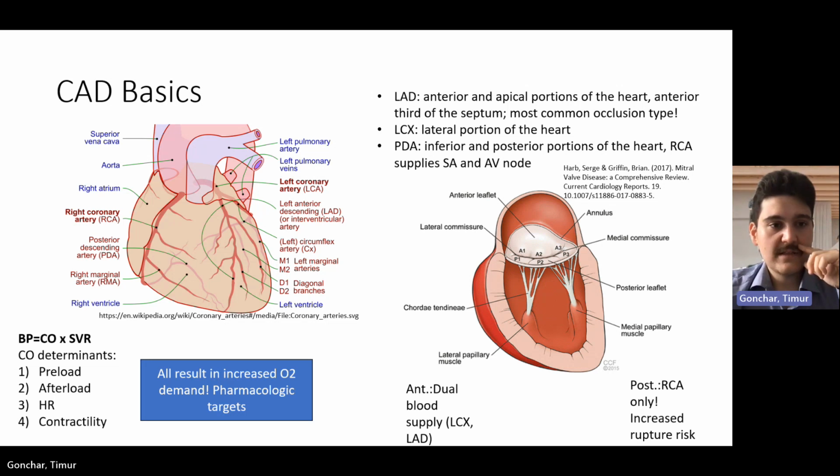We've already started to talk about blood pressure. And blood pressure is a product of cardiac output and systemic vascular resistance. The higher the systemic vascular resistance, the lower the cardiac output is because the heart has to work against all these narrowed vessels. Those are actually all the factors that will determine both cardiac output and blood pressure.